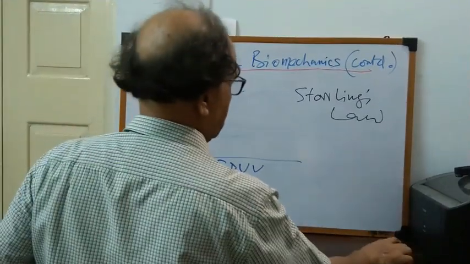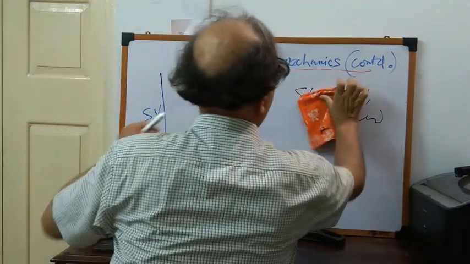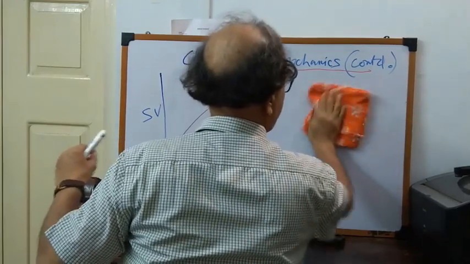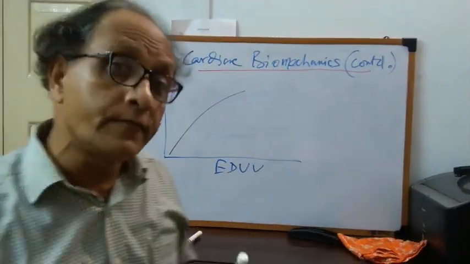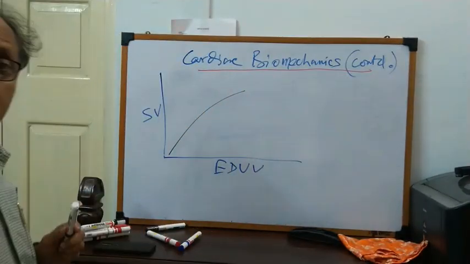Now, if we understand this, then let us try to see the implication or significance of this curve and why it is said that within physiological limit. So within physiological limit means within ascending limb.